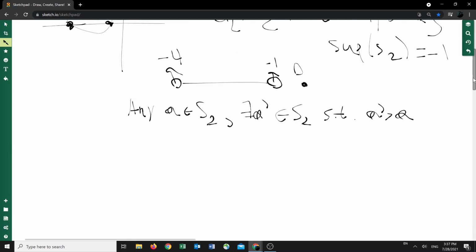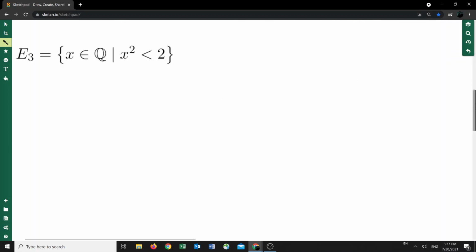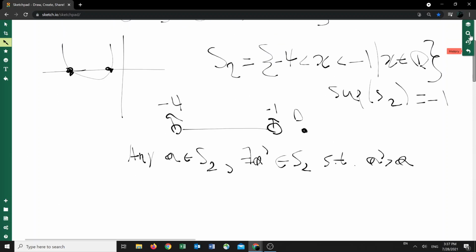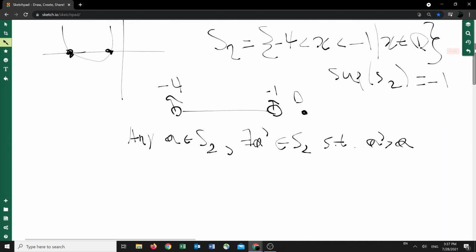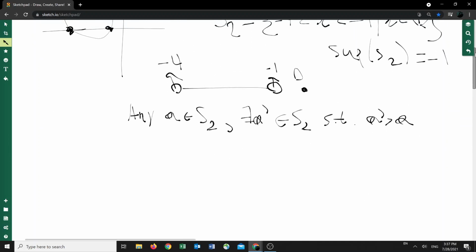Because then it can't be true that we have a supremum that's inside of our S2. Okay. So, again using the midpoint argument, just take a prime to be (a minus 1) over 2. Now, let's show the following.